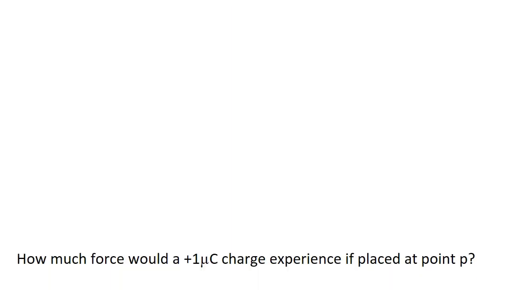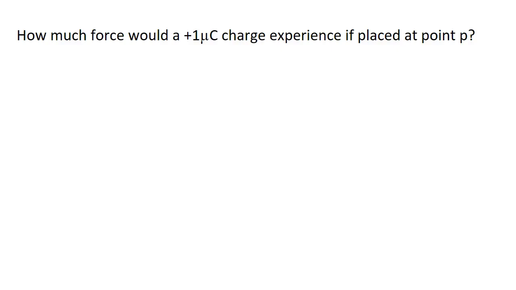Okay, so what can we do with this information? What if we put a 1 microcoulomb charge at point P? So in the previous question, what if we took our 15 microcoulomb point charge, which is 30 centimeters away, and we put our 1 microcoulomb charge at that point.